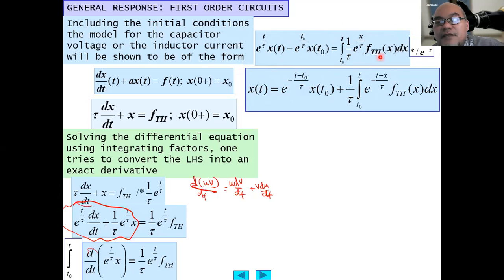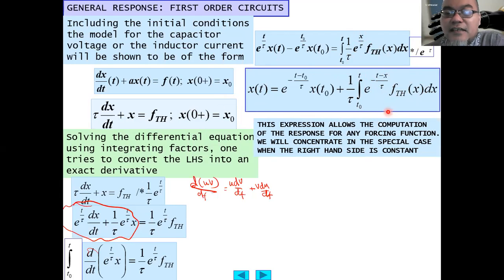And 1 over tau is a constant, so it can be put outside the integral symbol. So plus 1 over tau, integral from t0 until t, exponent minus (t minus x) over tau, f(x) dx. Okay.